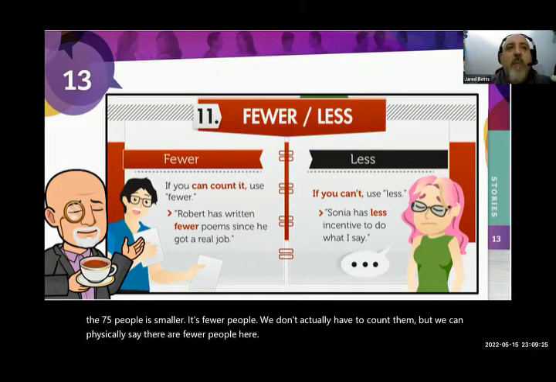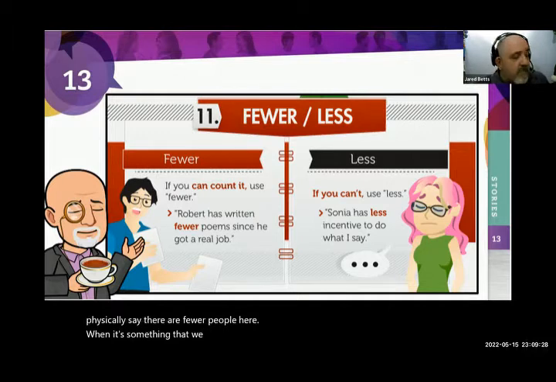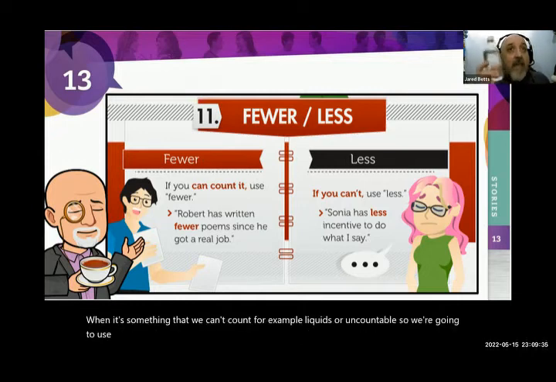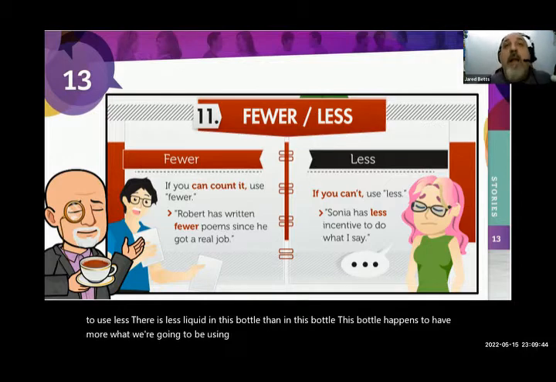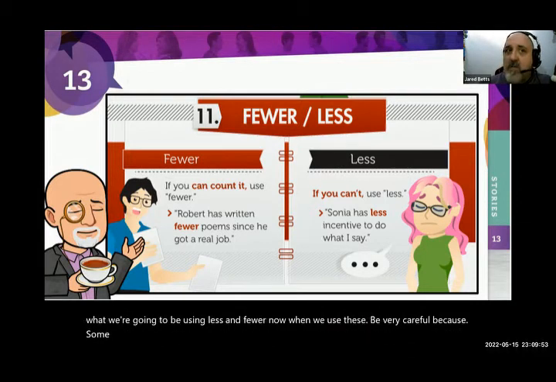Now, when it's something that we can't count, for example, liquids or uncountables, we're going to use less. There is less liquid in this bottle than in this bottle. This bottle happens to have more. What we're going to be using, less and fewer. Now, when we use these, be very careful because some people, native speakers especially, will use them wrong.